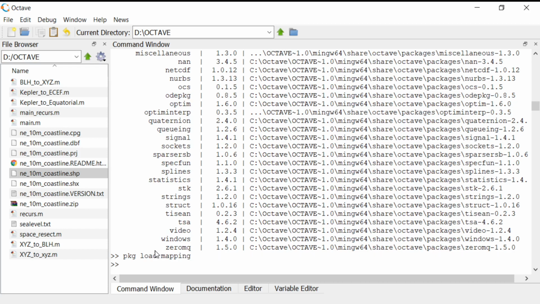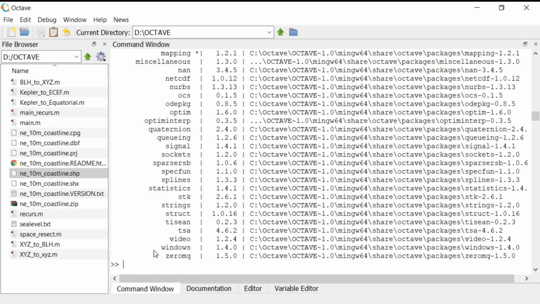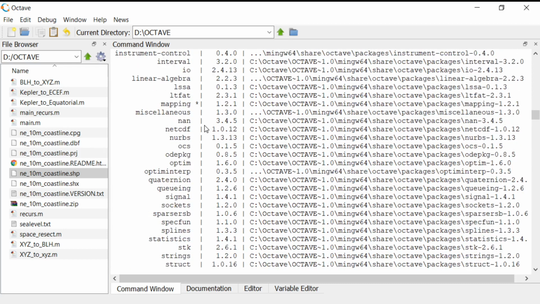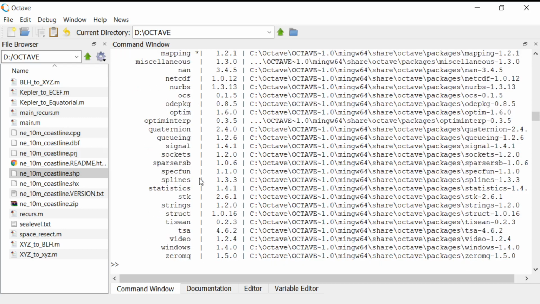If I again look at the pkg list, there is an asterisk here. This means that it is already loaded. Now I will use the shaperead function, for example, world map wm equals shaperead.